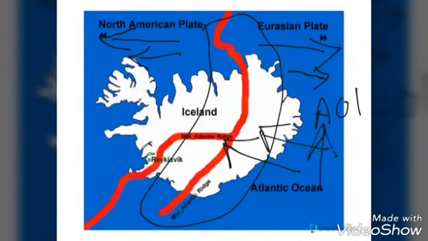As they move apart, magma rises to the surface and creates a ridge or volcano. New matter is created. Essentially, that is everything you need to know for a constructive plate boundary. Sorry, I'm spitting my words there. So, if this comes up in an exam, which it will, you've got to be able to explain.